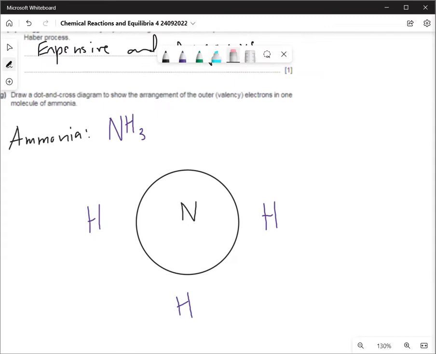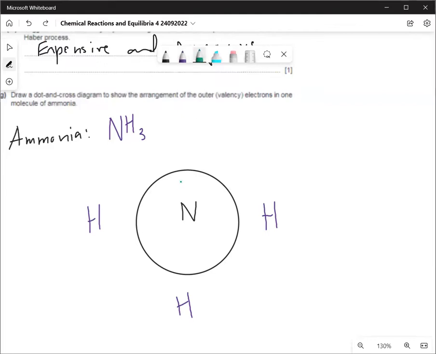Sir, I'm asking how many electrons does nitrogen have in the outermost shell? Niranjana, tell me. It's going to be 5. If it's group 5, then you have 5 electrons in the outer shell. Is that clear? Yes. So group 5, so it has 5 electrons.